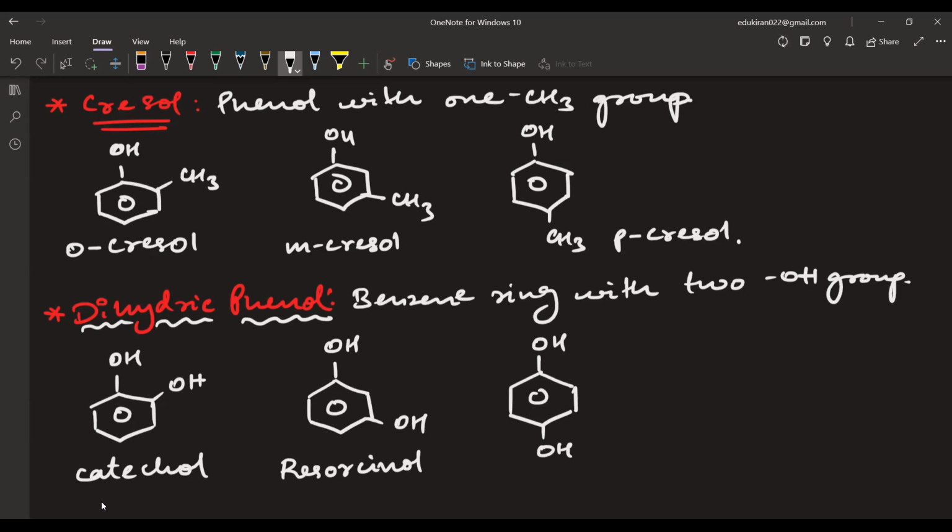There are 2 names basically: hydroquinone or quinol. This is hydroquinone.